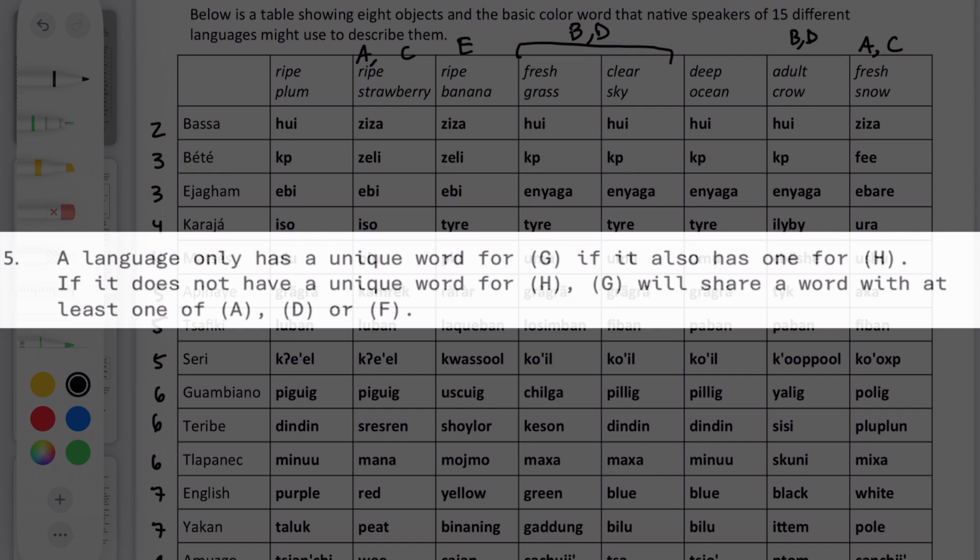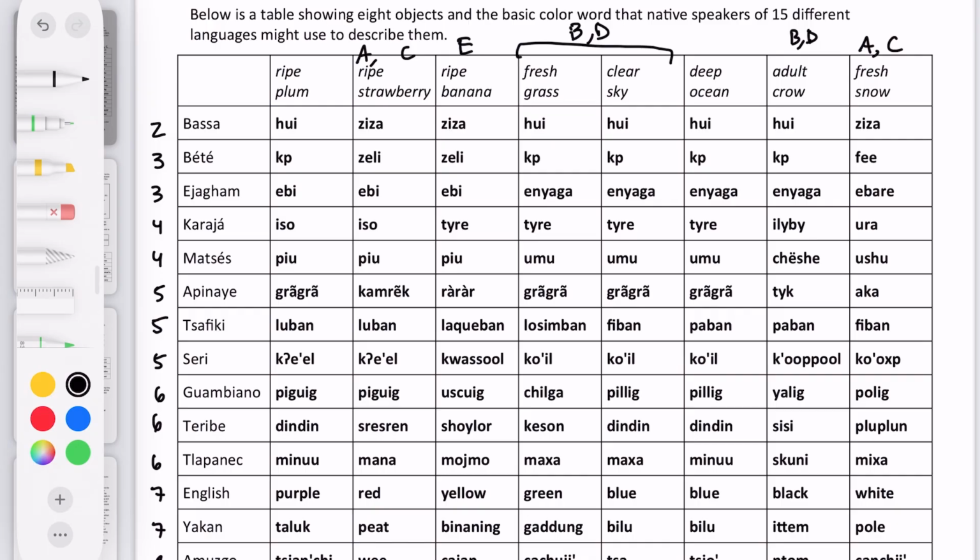So H will have a word that is also within the language at least one more time, and same with G. So if we look at the remaining columns that we have, ripe plum, deep ocean, and then one of fresh brass and clear sky, that can be G or H.